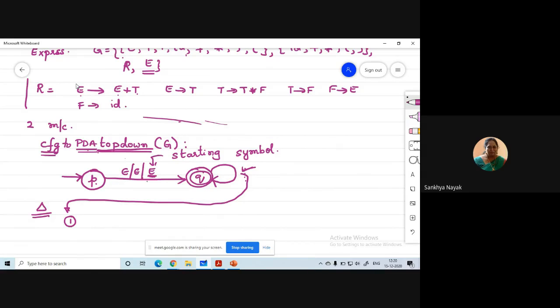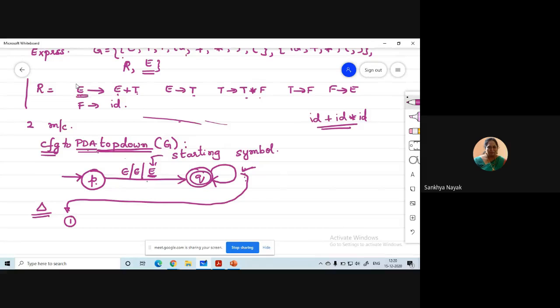It's top down, right? So suppose I want to generate ID plus ID star ID, something like this. You remember drawing the parse tree. You start from here, then you expand to E plus T, then you replace this E by T, and that T will be replaced by T star F and so on, isn't it? The same procedure.